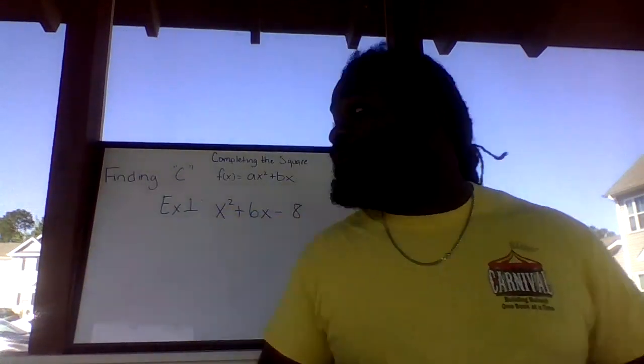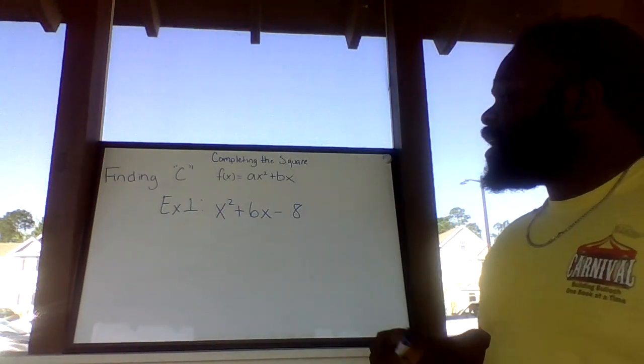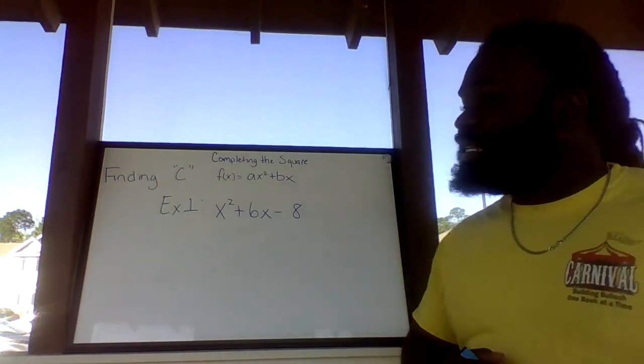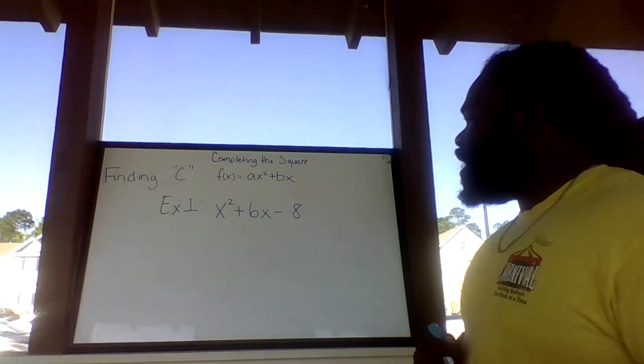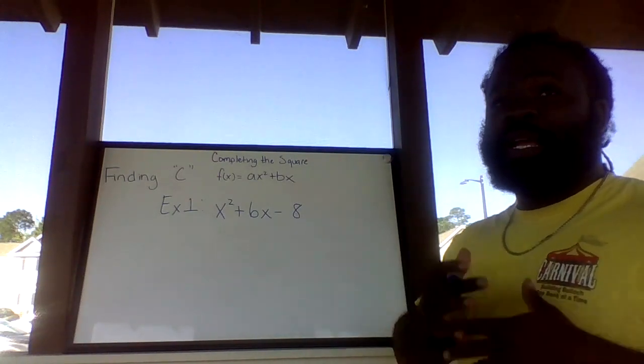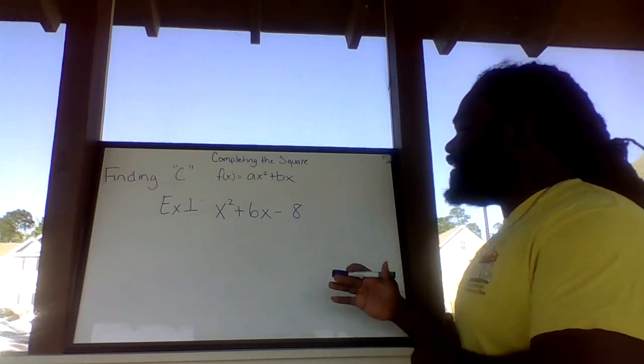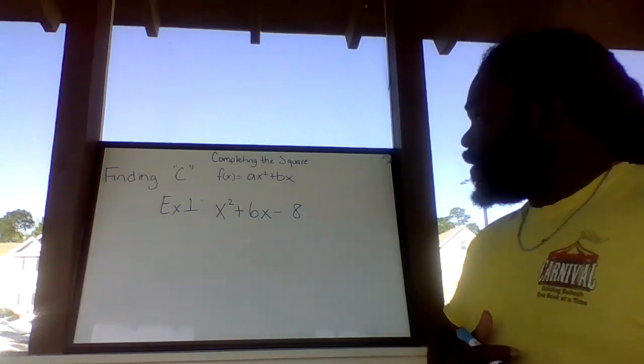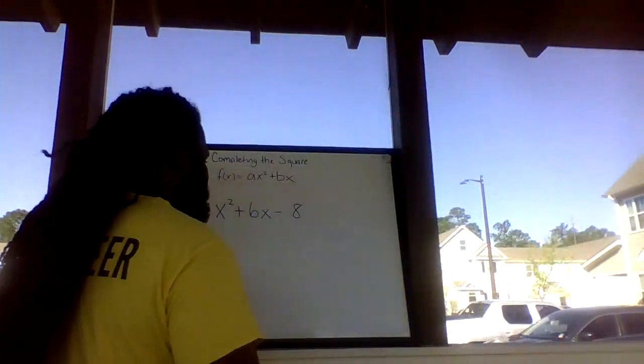What we have is x squared plus 6x minus 8. And we want to use completing the square to write this in vertex form. And so here's what we have.